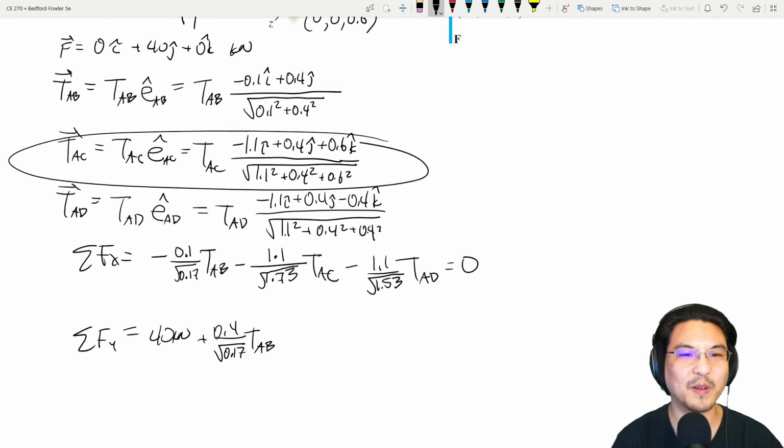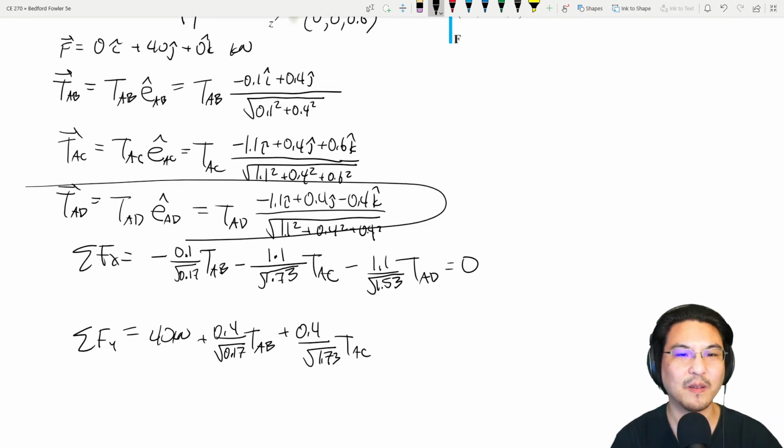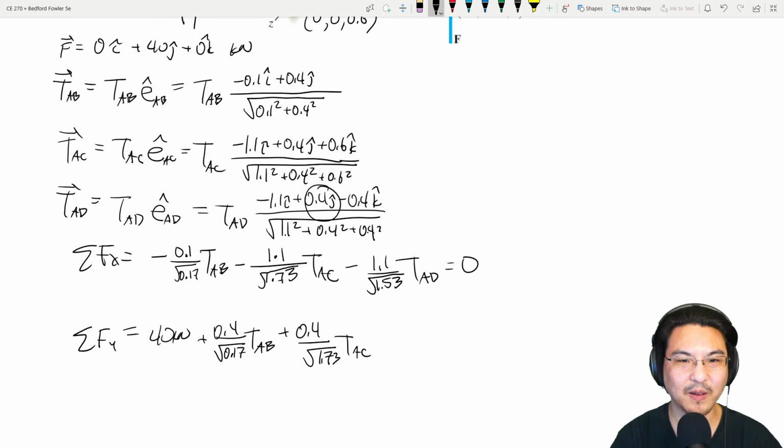The y component of this is plus 0.4 over the square root of 1.73 TAC, and the y component of this is 0.4 over the square root of 1.53 TAD.